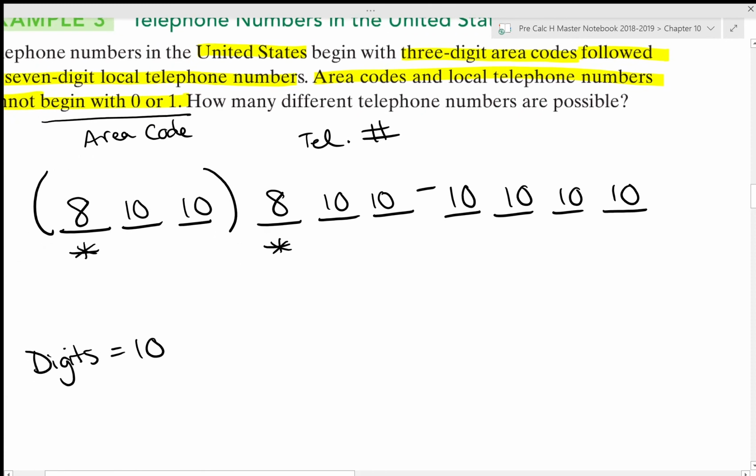So if you want to figure out how many possible phone numbers we're going to have, you're going to multiply all these numbers together. We have 2 8s, so 8 squared, times 10 to the 8th power, since we have 8 tens. So when you do this, you are going to get 64 and then 8 zeros.